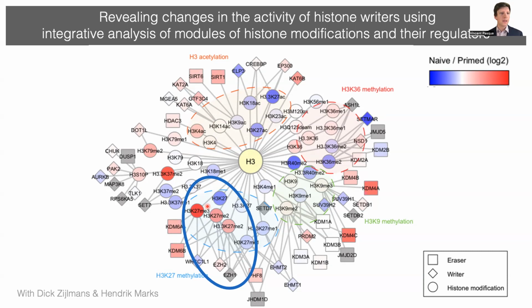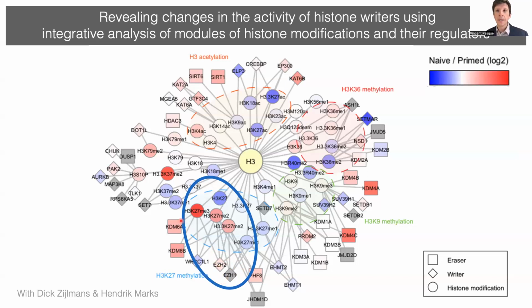So we found that it's not always coupled. And for example, we found that for the H3K27me3, the writer of the mark is EZH2, part of the Polycomb Repressive Complex 2, and I will come to this in a minute. These writers of H3K27me3 don't change in abundance dramatically in chromatin, whereas the abundance of the mark does.